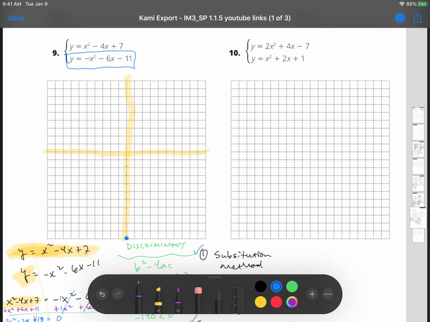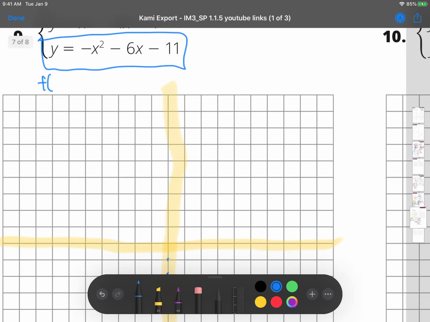And this graph opens down. Okay, I'm not quite sure which side. What you can do is you can plug in points. For example, f of 1. 1 is on the right side over here. I just want to see what happens.